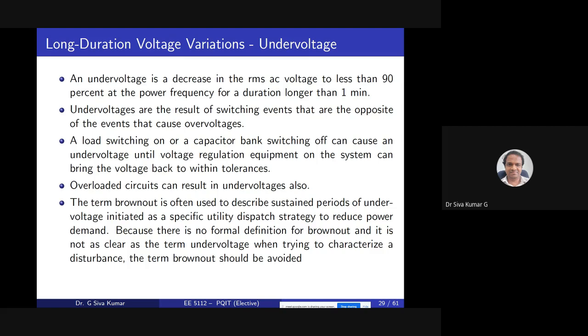These are the switching events that are quite opposite to the events that cause overvoltages. Load switching off and capacitor switching on cause the overvoltage. But in undervoltage, it is quite opposite. Load switching on or capacitor switching off can cause undervoltage until voltage regulation equipment on the system can bring the voltage back to within the tolerance values.